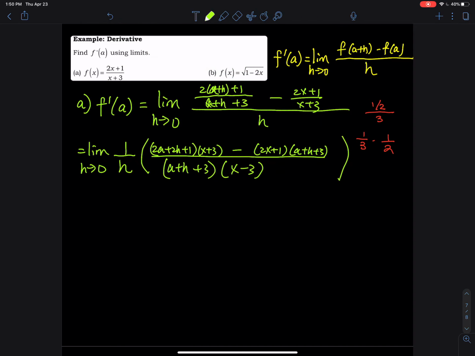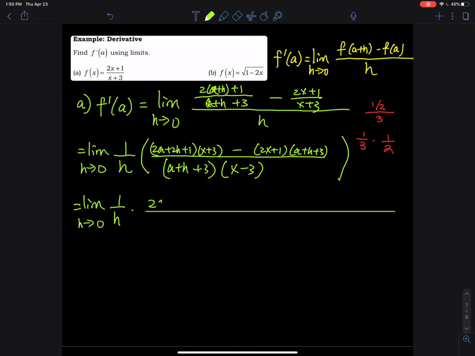First, we have to fully expand everything on top. So we have the limit as h goes to 0. You can't plug in yet. Once you plug in 0, then you have a 0 in the denominator. So you fully open up the top. Wow, this is long. So you have 2a times x, 2a times 3, and so on and so forth.